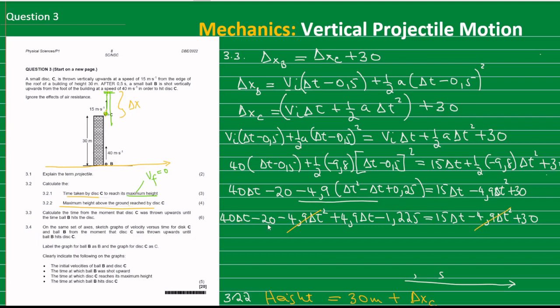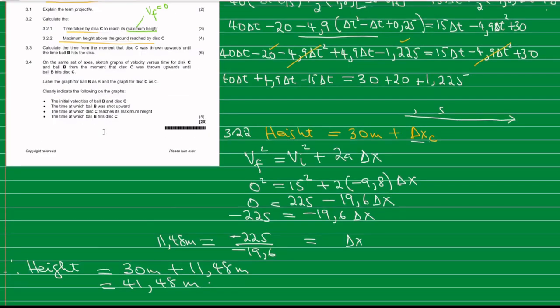Then collecting like terms, so the 20 and the negative 1.225, take it to the right, this one over, so we are eventually going to have 40 delta t, okay, plus 4.9 delta t minus 15 delta t, okay, so everything is gone there, will be equal to, there's a 30 here plus 20 and then plus 1.225. Okay, let's clear some space over here.